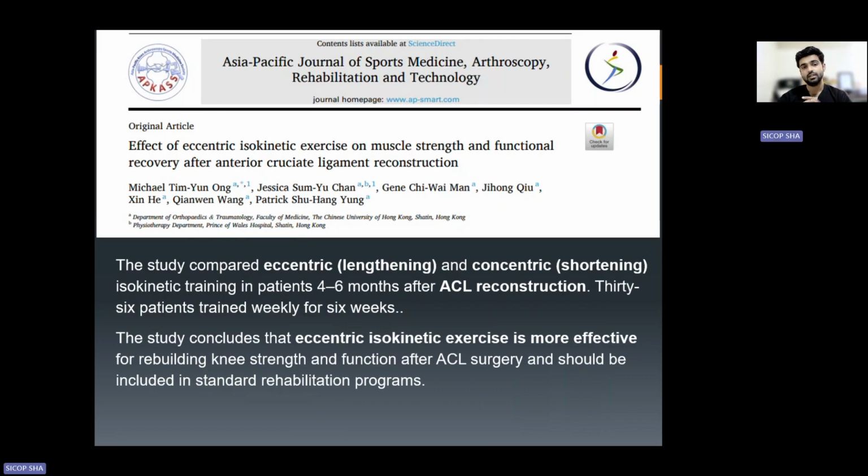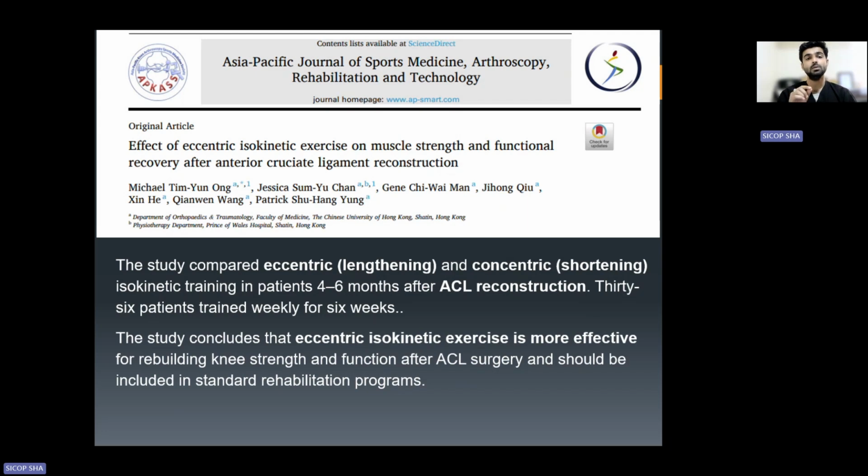Now, there is again good evidence. This article is the effect of eccentric isokinetic exercises on muscle strength and functional recovery after anterior cruciate ligament reconstruction. In isokinetic training, we can get both training parameters, concentric as well as concentric-eccentric. In the concentric mode, for flexion and extension, both the quadriceps and hamstring contract concentrically at varying speeds, 30, 60, 90 degrees.